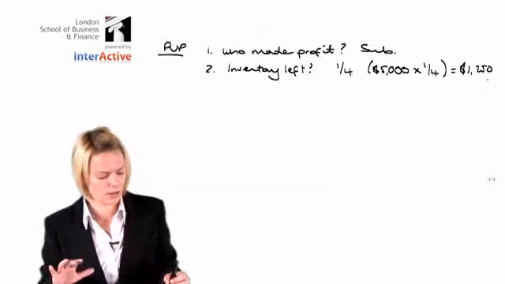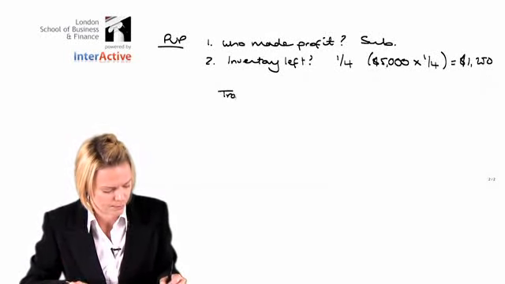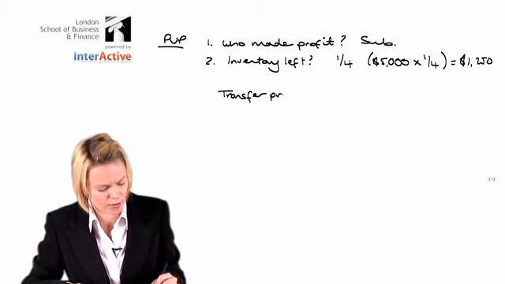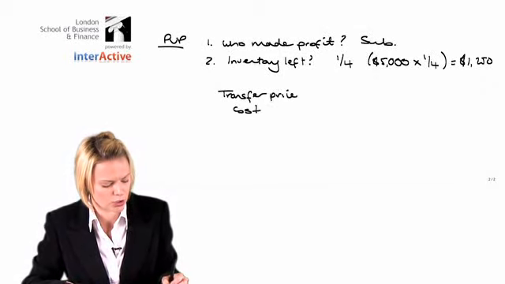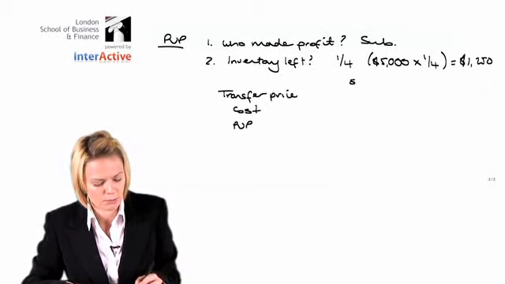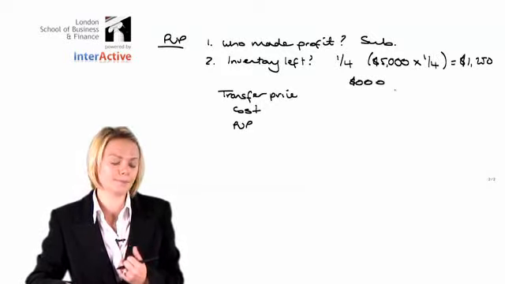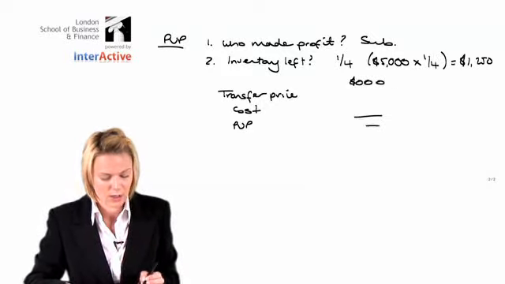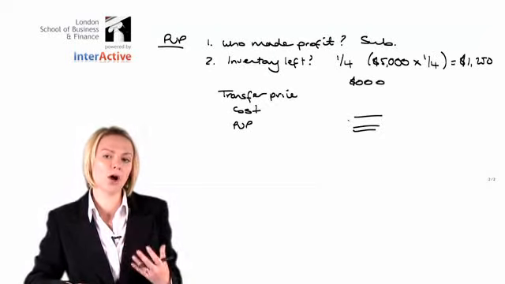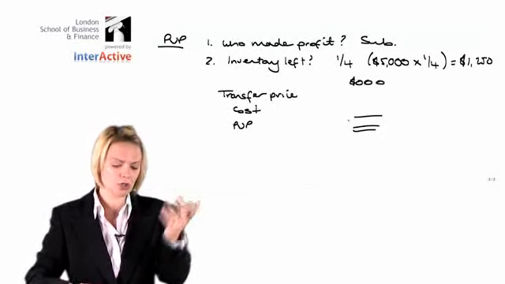So, we calculate the PUP, transfer price, cost, and the provision for unrealised profit. We know it's a 25% markup on cost.